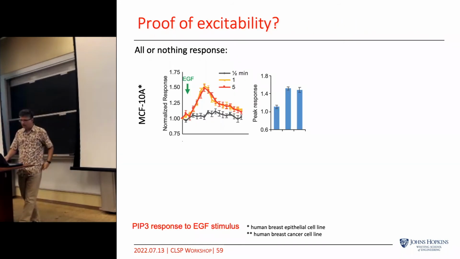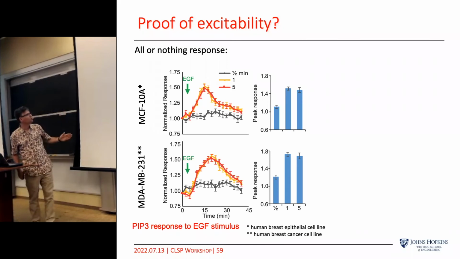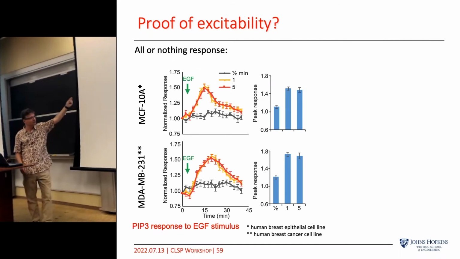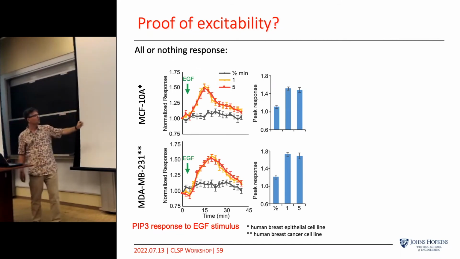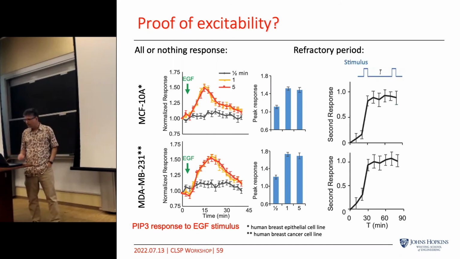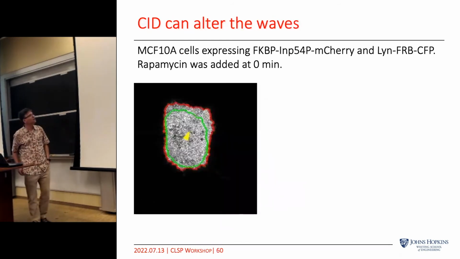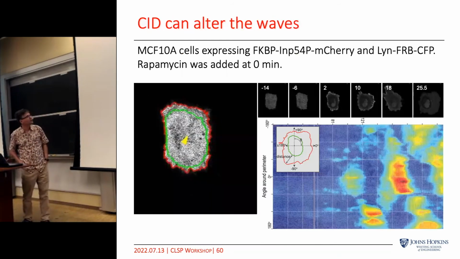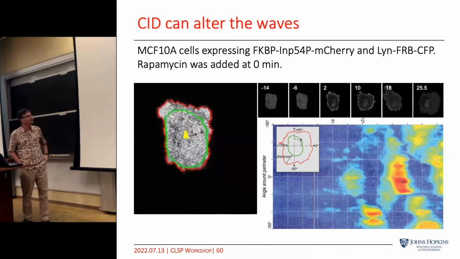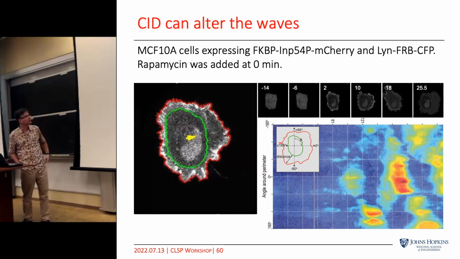We have the same sort of notion of all or nothing: a small stimulus and a large stimulus give you the same response, whereas a very small stimulus will give you no response. We get refractory periods like we did in Dictyostelium, and we can also do changes using this chemically induced dimerization. And as I was saying yesterday, we can also do this with light now.